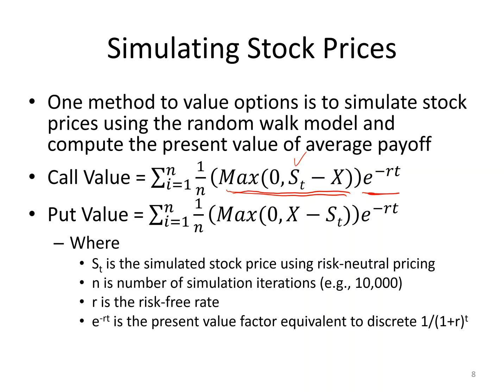Mathematically we can write that as the sum from i equals 1 to, say, 10,000, of 1 over 10,000, getting the average of the max of 0, ST minus the strike, times e to the minus rT. We haven't used continuous compounding up to this point in the course, but e to the minus rT is simply a continuously compounded discount factor.